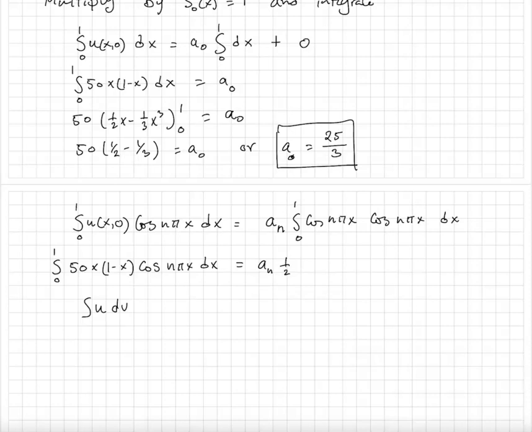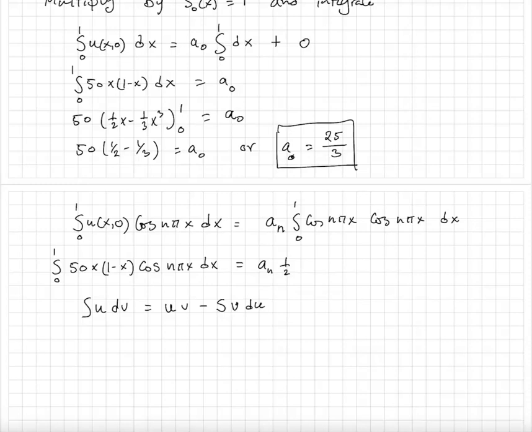These days almost all textbooks use u dv. So u dv goes to uv, and then we have another integral from 0 to 1. We don't have the limit in this case, v du.